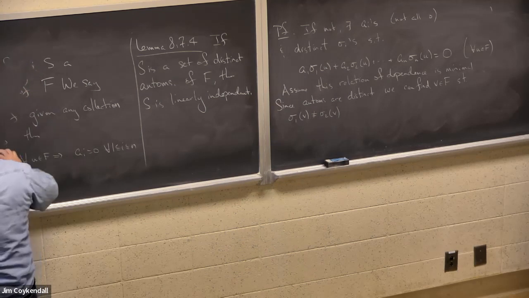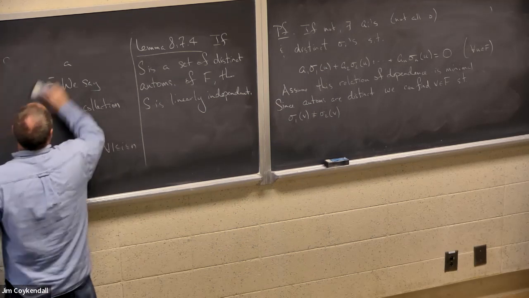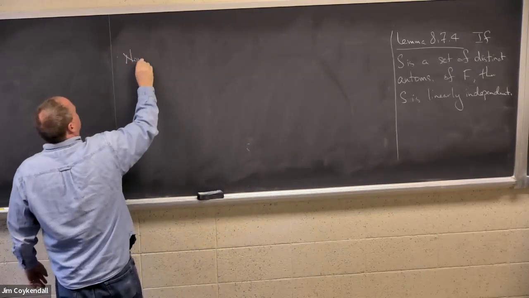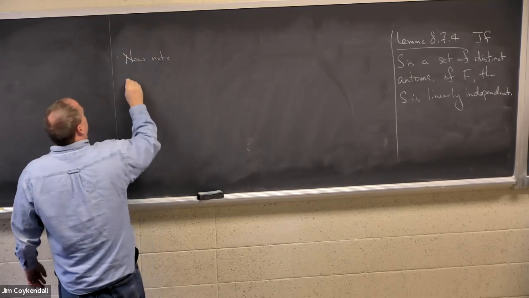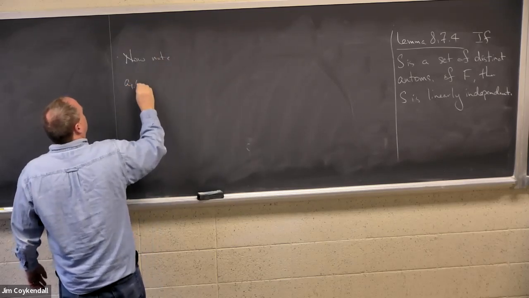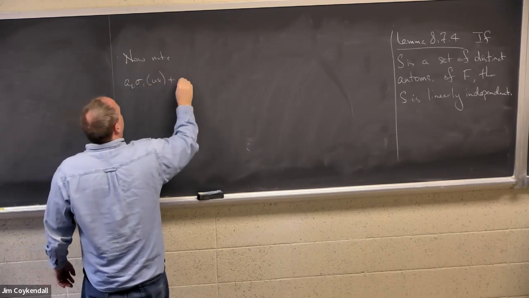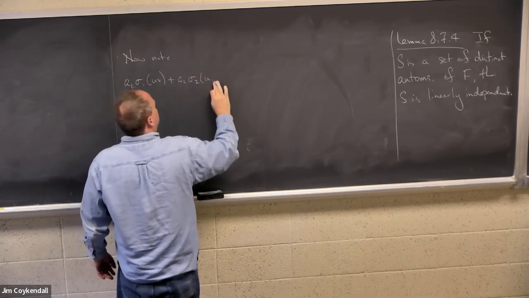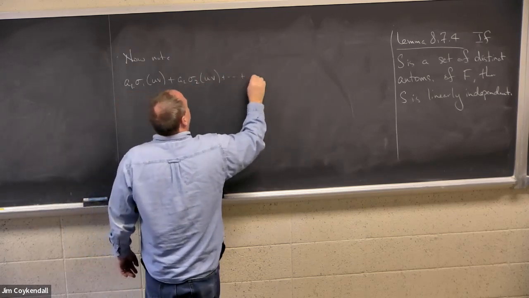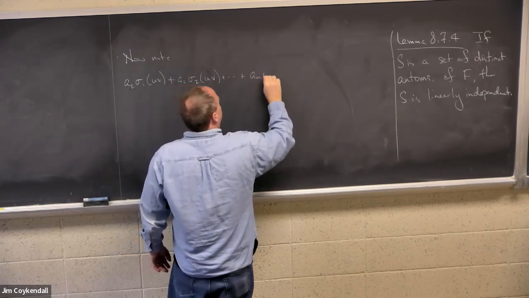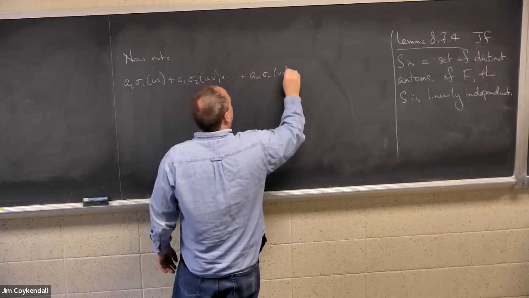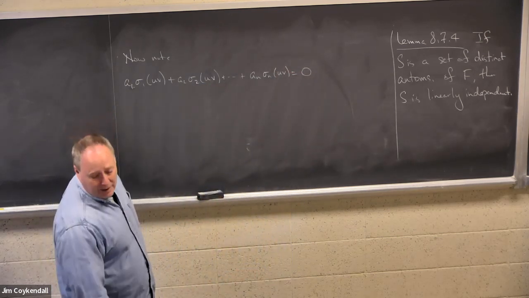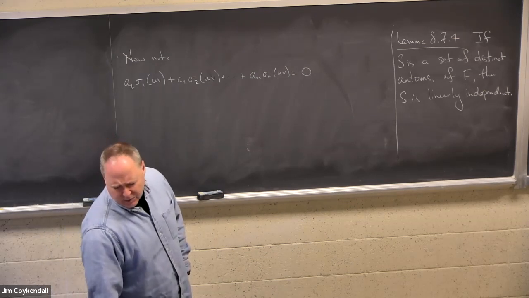Let's note that a_1 sigma_1(uv) plus a_2 sigma_2(uv) plus ... plus a_n sigma_n(uv) equals 0, because that dependence relation has to hold for anything in F. In particular, it holds for uv as well.